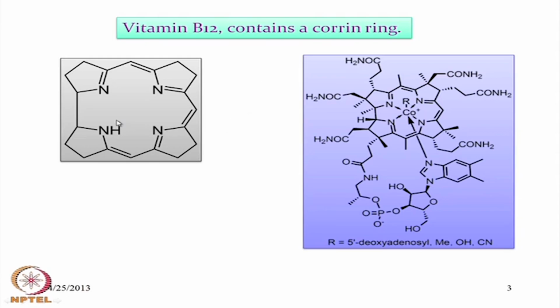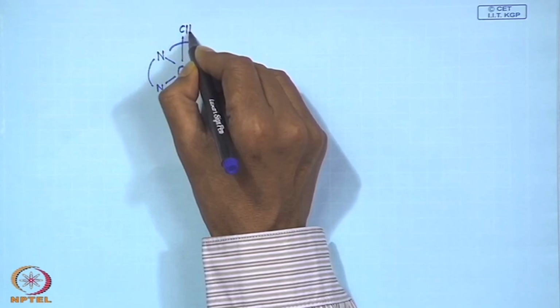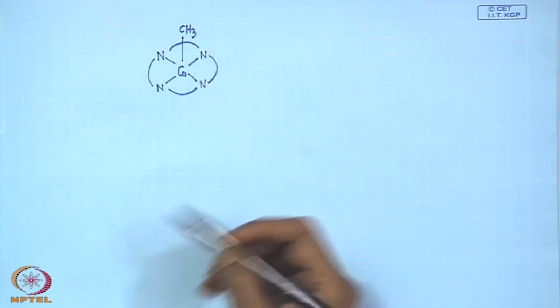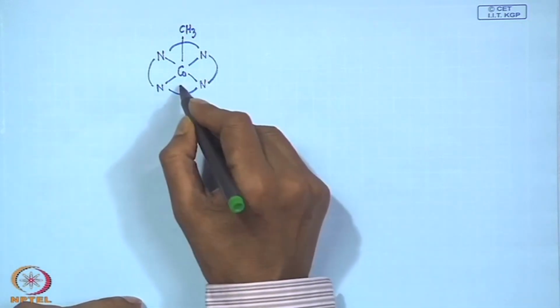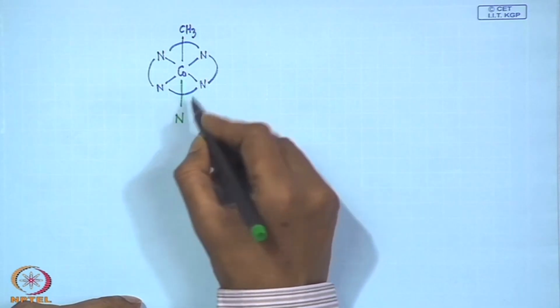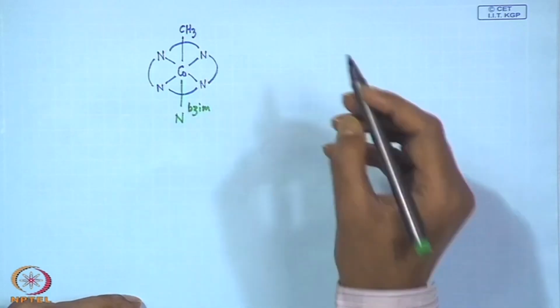of the cases. The corresponding compound is known as cobalamin, and in the cobalamin, if this is bound to a methyl function, it is known as methyl cobalamin, where the carbon of the methyl group is directly bound to the cobalt center, and this is the nitrogen of the benzimidazole group.